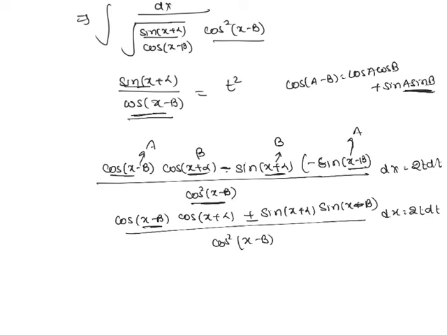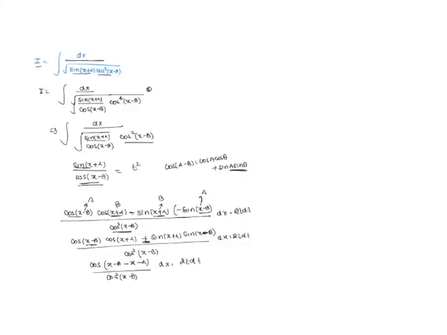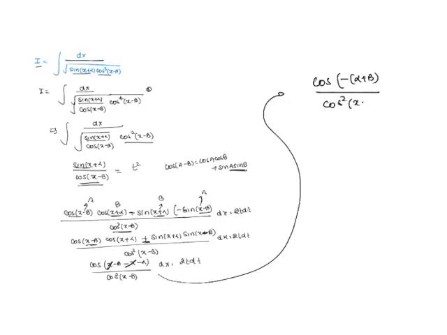Using this formula, with the plus sign, it comes out as cos of x minus beta minus x minus alpha divided by cos square of x minus beta into dx equals 2t dt. Now x gets cancelled, giving cos of minus alpha minus beta, so minus alpha plus beta, divided by cos square of x minus beta dx equals 2t dt.